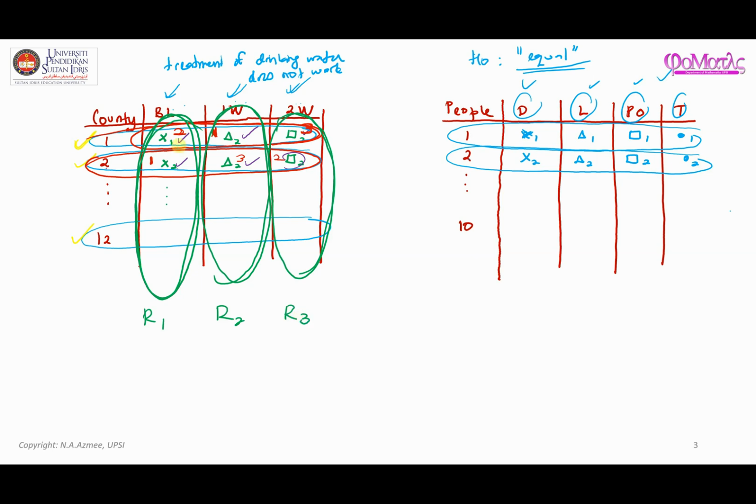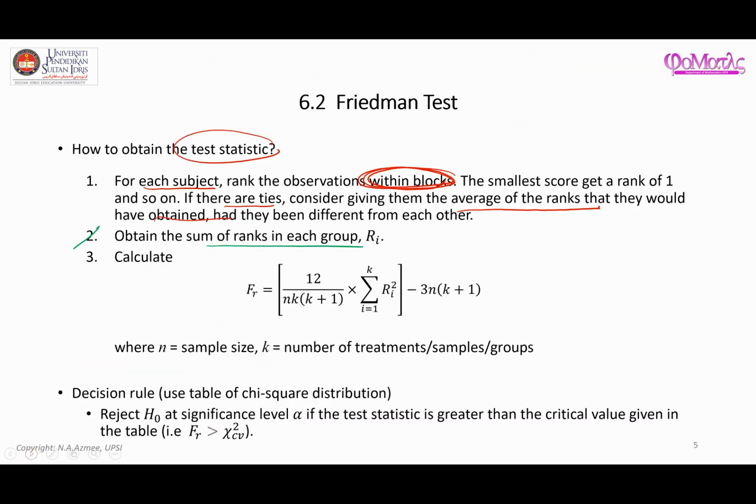Here you sum up all the ranks that you obtained in the first step. So here is the sum of ranks in each group, and this is called Ri. Why do you need this? Because we need this in the formula to calculate the test statistic. So this is Ri given right there.